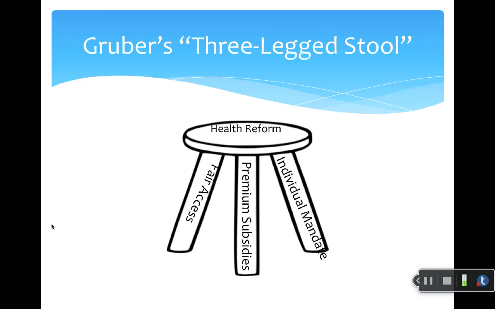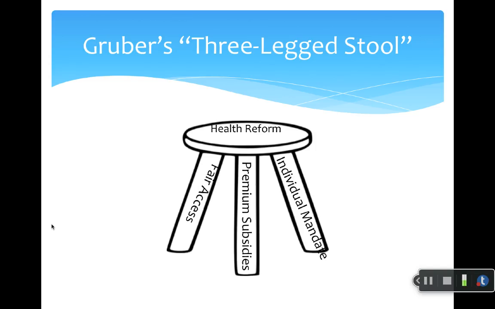If we allow certain people to self-select out of the health insurance pool, we typically see what we call a death spiral, which is the idea that the sickest people will want to participate in health insurance because they need access to health care and they need help with those medical expenditures.